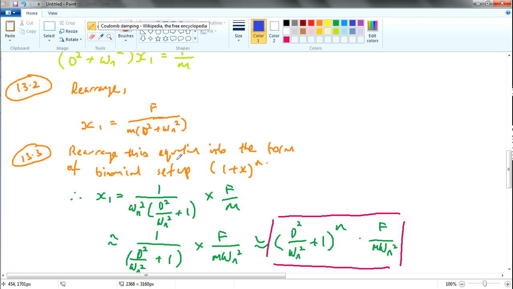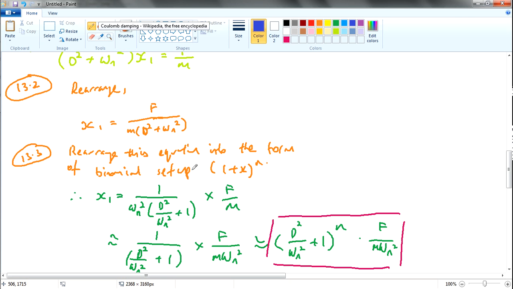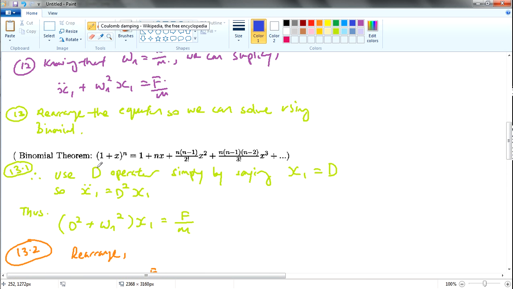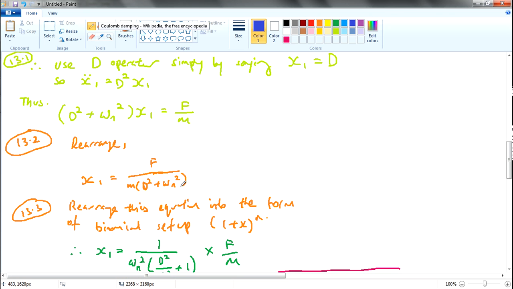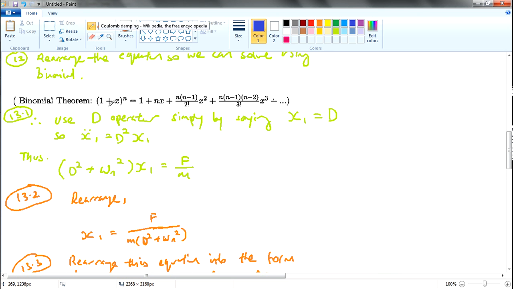This portion is a little tedious, but quite easy. We're trying to rearrange this equation into a binomial setup like (1 plus x) to the power of n.